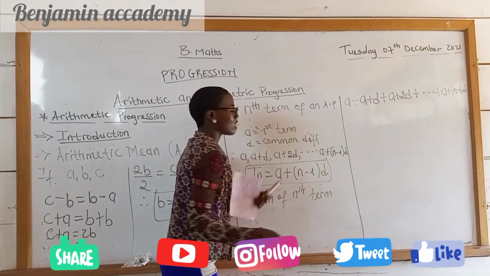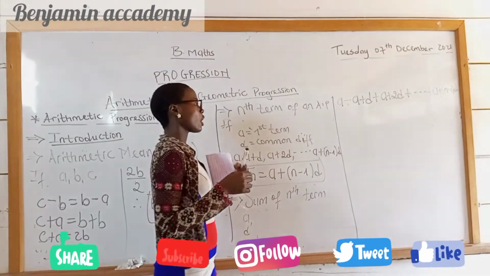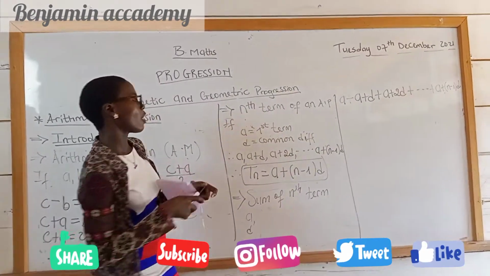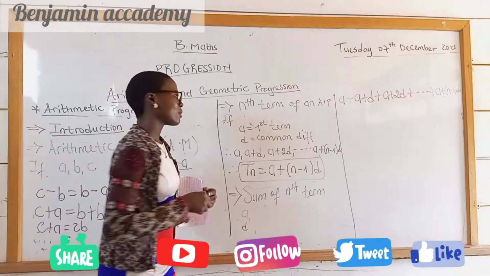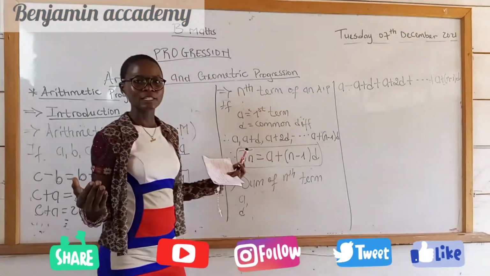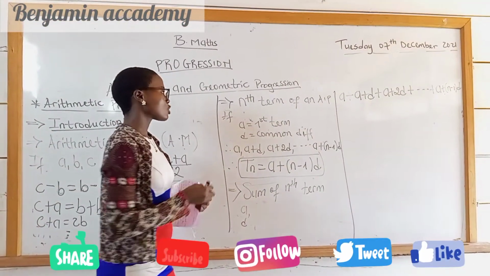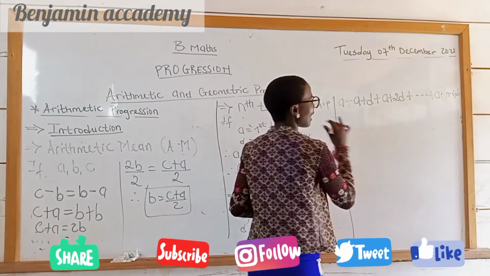That means for you to have the sum of all your terms, maybe they ask to calculate the sum of the first 5 terms, you're not going to be calculating each term and adding. No. What you do is you just take directly from the formula.